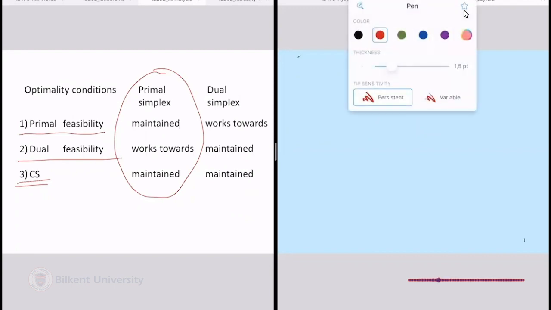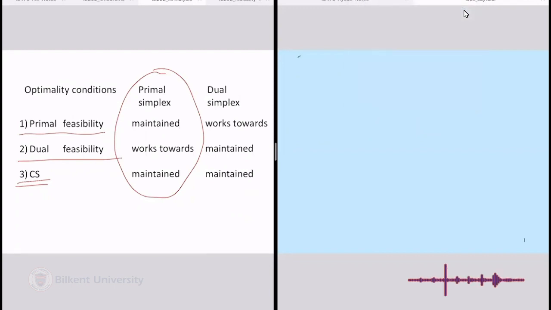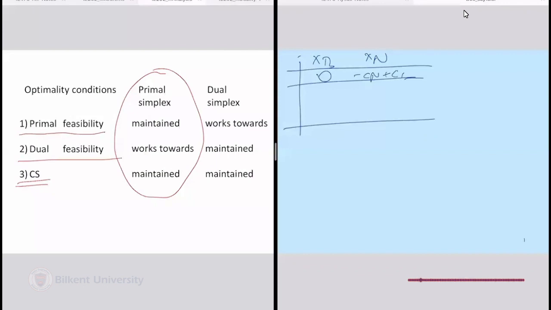Sorry for that. But what do I have? I have xb, xn, right-hand side, and row 0: cb B inverse A minus c. It's the same thing, by the way. I just partitioned with respect to basic variables and non-basic variables.